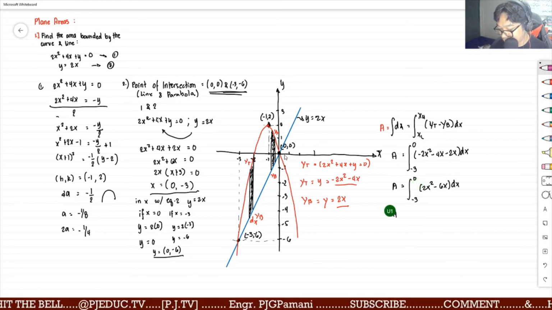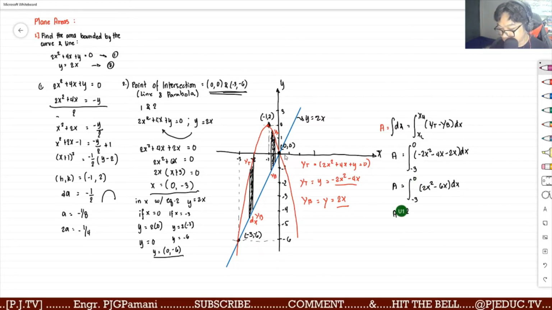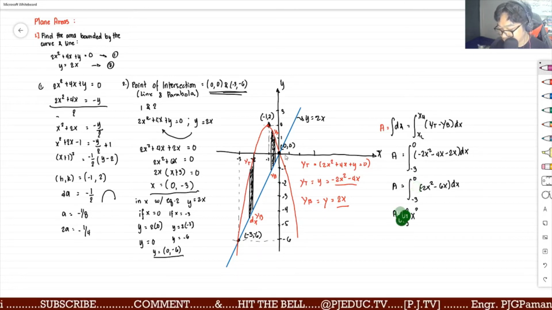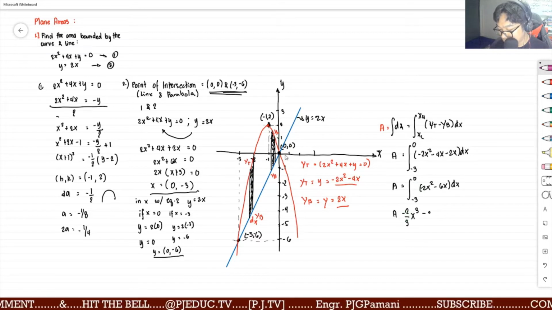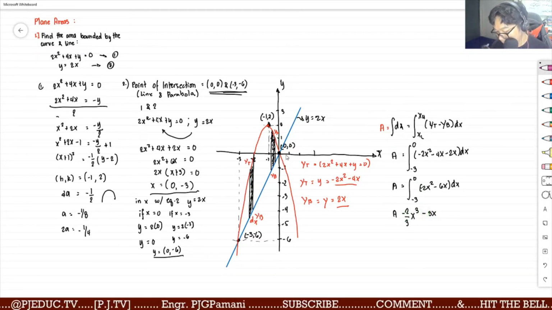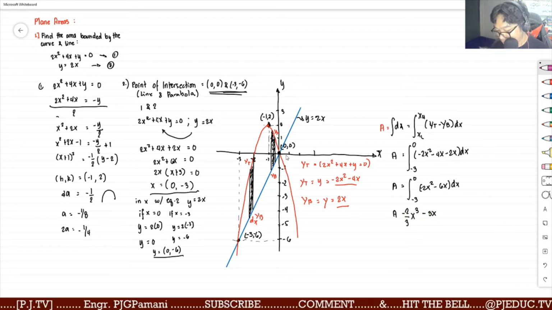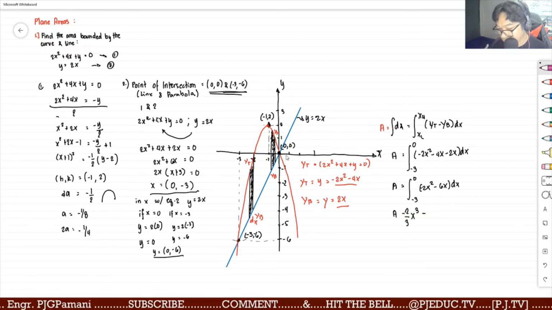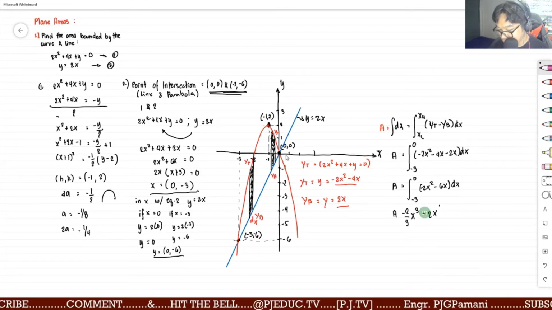Apply integration. That is now 2/3. Negative pala yun. Negative 2/3 x cube minus 3x squared. Hindi ba? 6 divided by 3 is 2x squared.